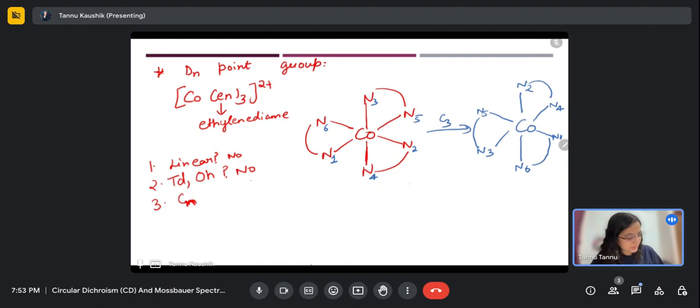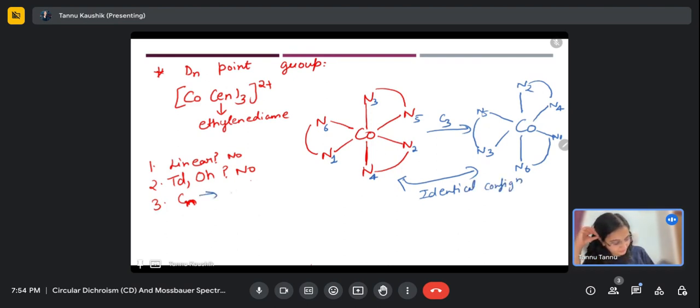So here you can see clearly we are getting an identical configuration. If you label these atoms and rotate it at 120-degree angle, you will find we get an identical configuration. Okay, so here we have C3 axis of rotation.